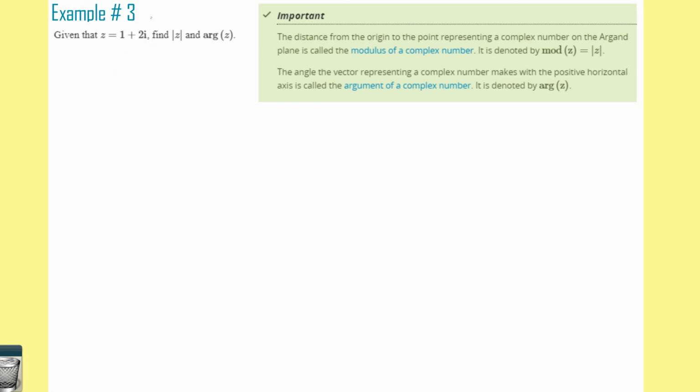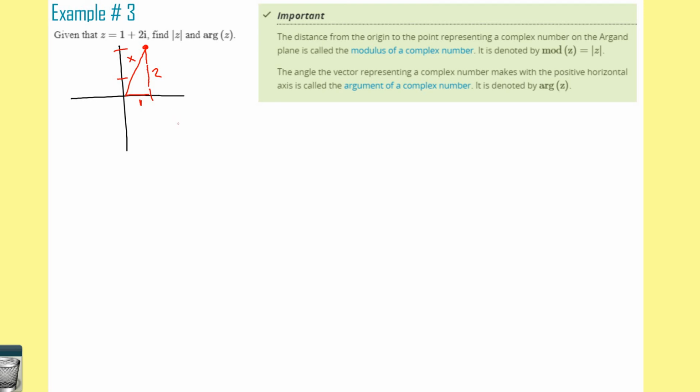I like to visualize this, so I'm going to make a graph. So if I graph 1 plus 2i, I'm going to be here and then here. Okay, so I want to find this distance. We'll just call that x. All right, well, I have a fancy little triangle here where this is 1 and this is 2.